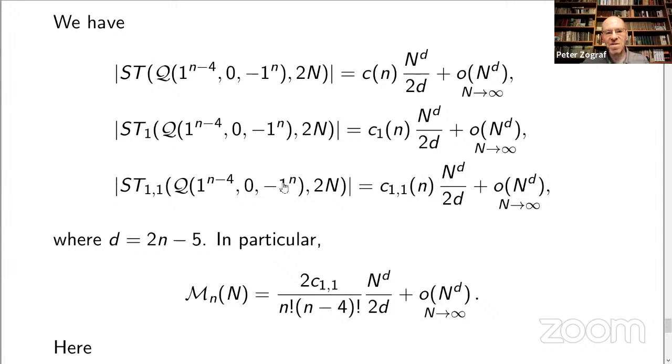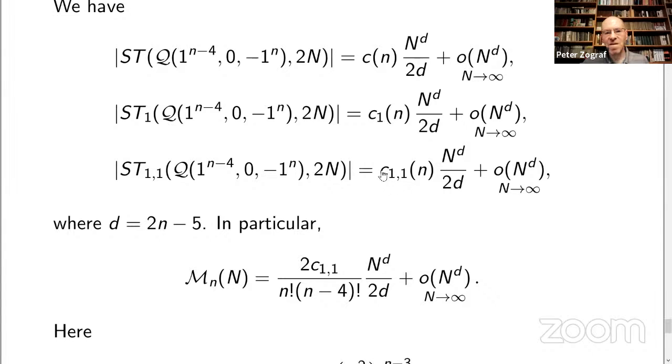So the cardinalities of these sets behave like this. It's given by these 3 formulas. Here, d is the dimension of the moduli space of quadratic differentials.